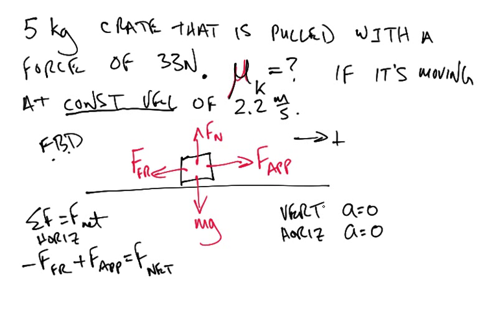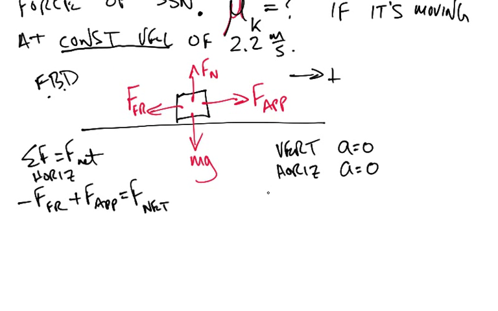So let's first take a look at this. By the way, that was the horizontal analysis for the summation of the forces. We can also do the summation of the forces equal to F net in the vertical direction. We have to specify our positive direction for the vertical, and that's up.